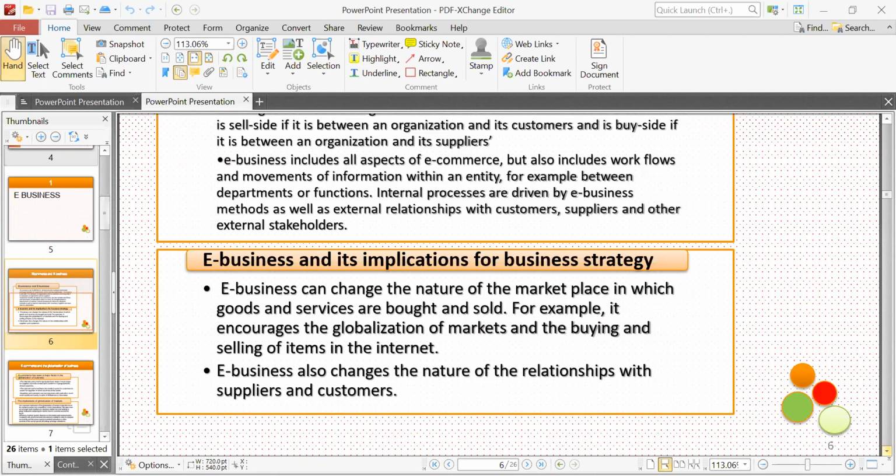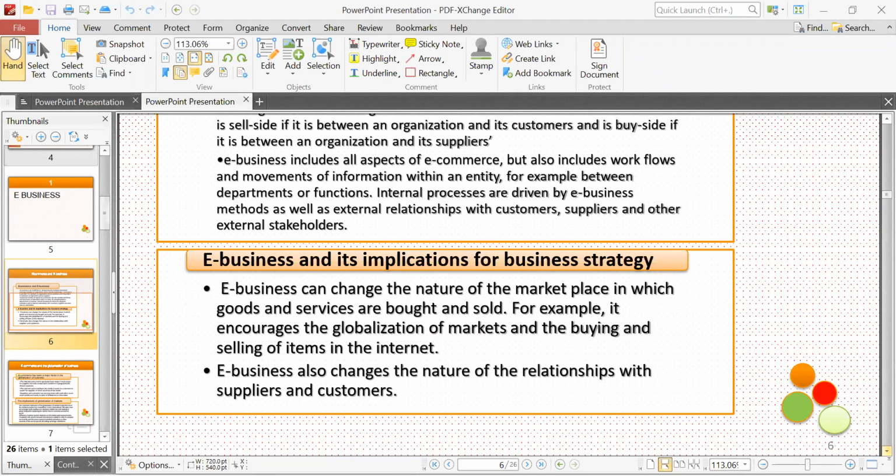Its implication for business strategy is that right now, when you're developing business strategy through the e-business model, you have to understand that your business strategy doesn't have to be localized. It should include a global context as well.